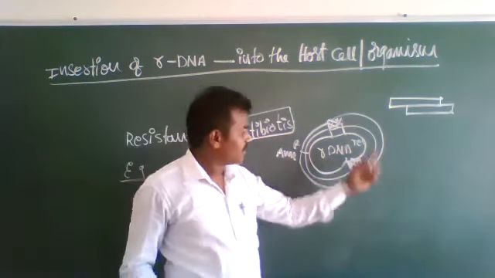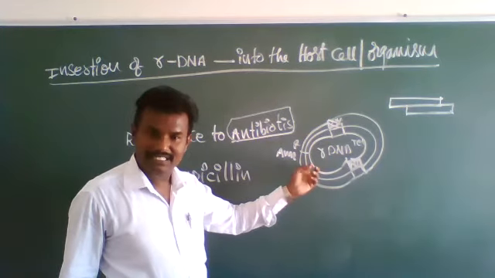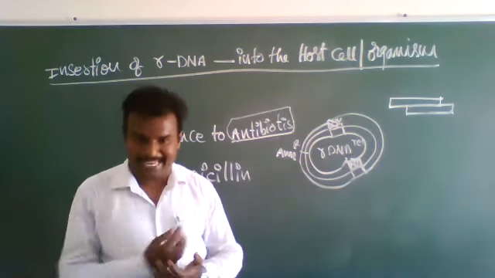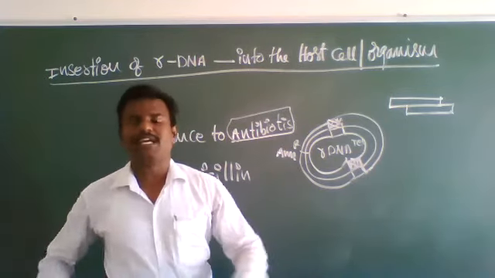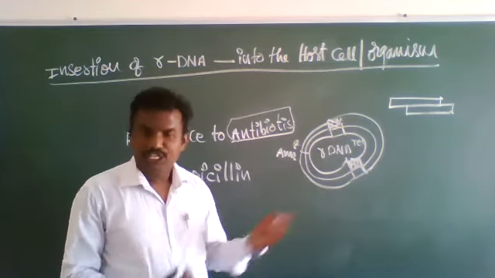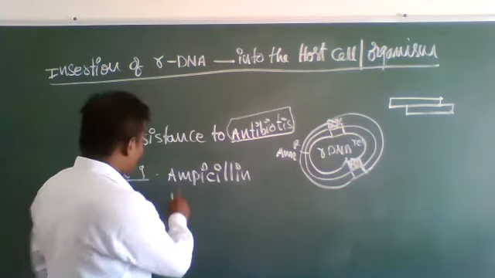If this ampicillin-containing gene is transferred into E. coli, it means the Escherichia coli cells become resistant to ampicillin.